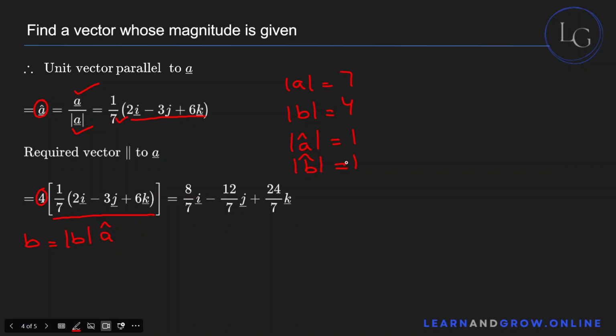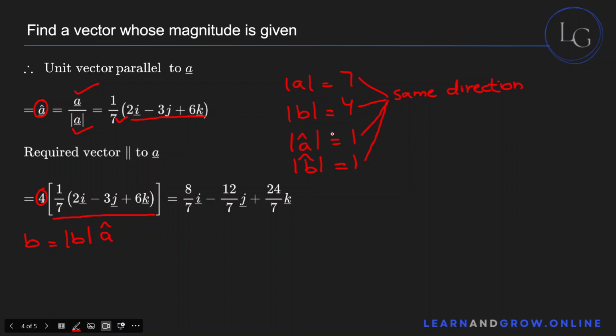But here's the thing. All of these have the same direction because they're parallel. Same direction. So the only difference between A and B is the magnitude.